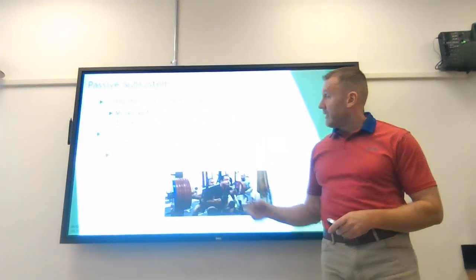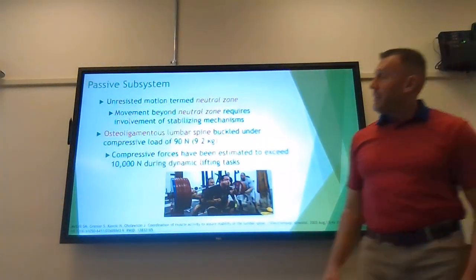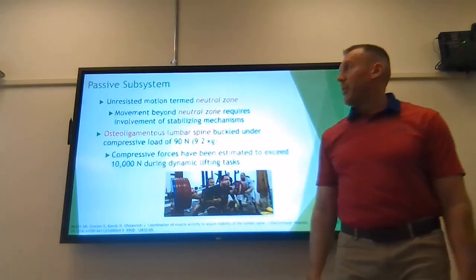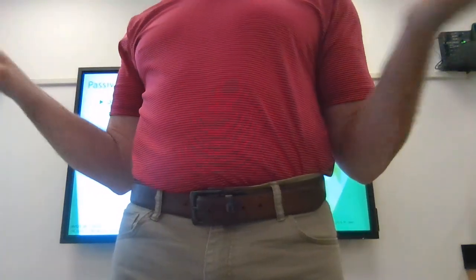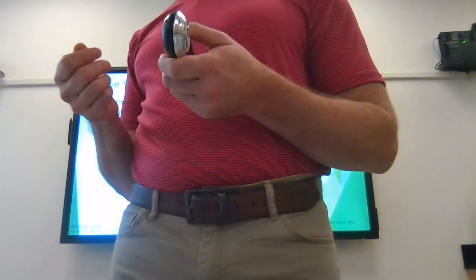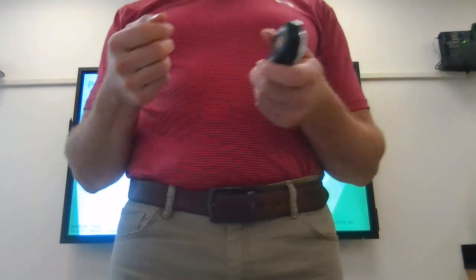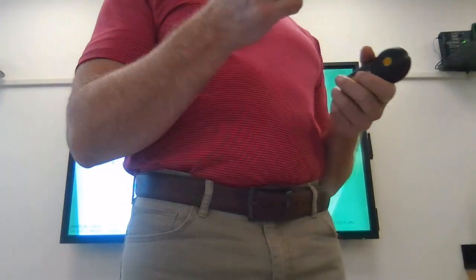I want you to take a look here. The osteoligamentous lumbar spine. That means if we take the lumbar part of the spine, take away all the muscles and leave just the ligaments and the facet articulations, how much compressive load could it support?